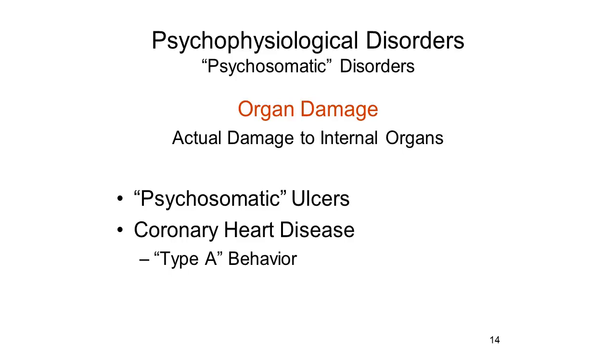Another psychosomatic disorder commonly encountered are cases of coronary heart disease that seem to be causally related to behavior patterns that the patient has. There's a behavior pattern called type A behavior, marked by high levels of competitiveness, ambition, an obsession with getting things done quickly, not taking time to reflect on what you're doing, strong needs for control in various kinds of situations.